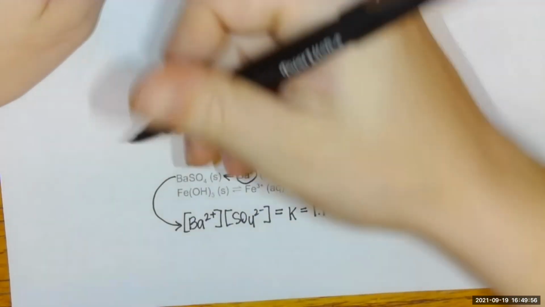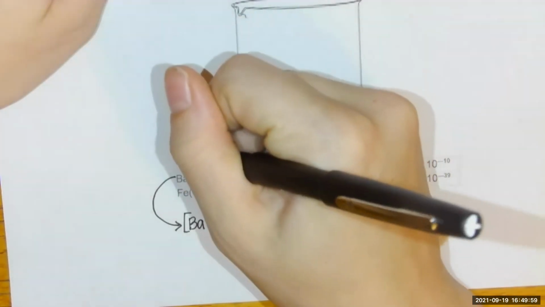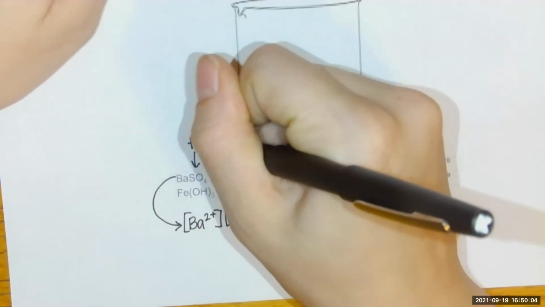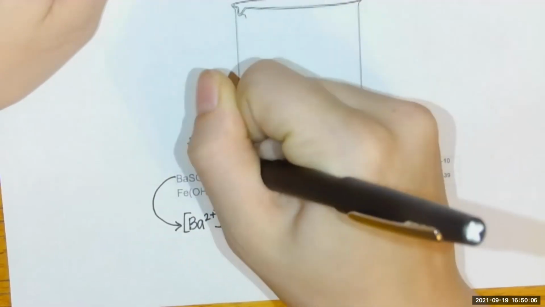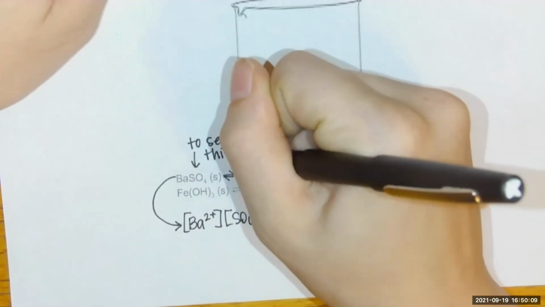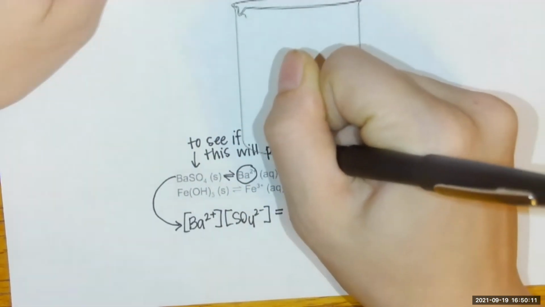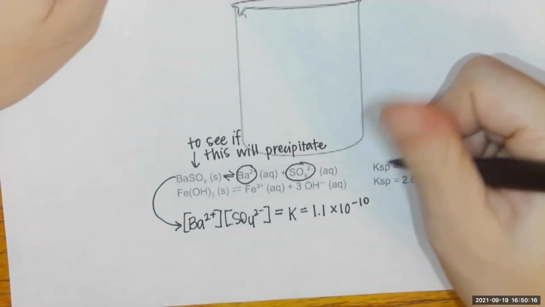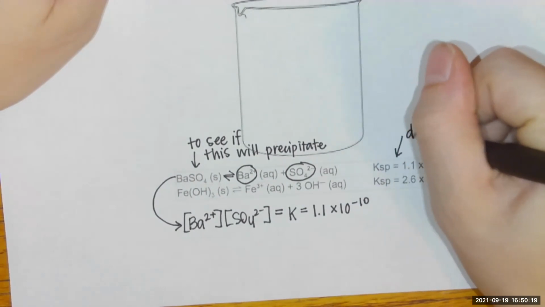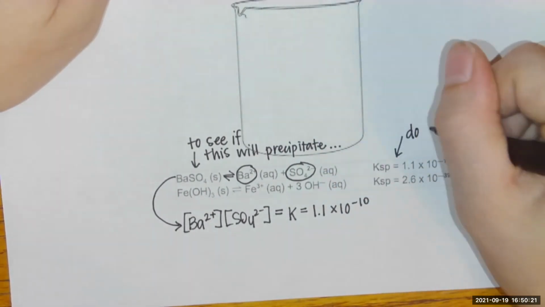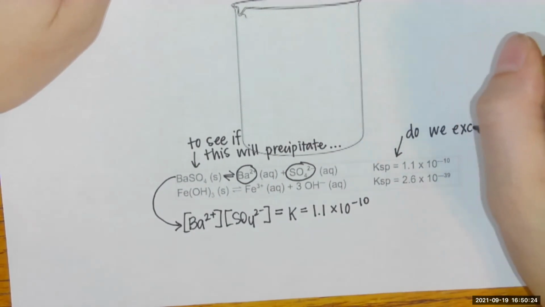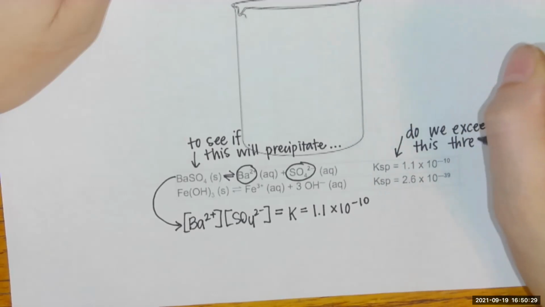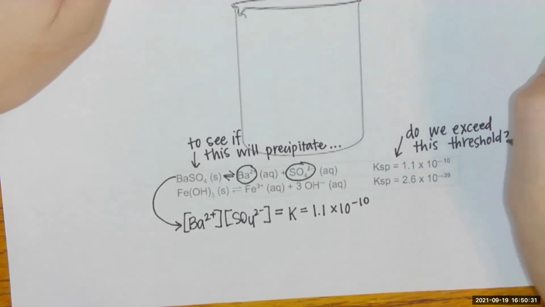So to decide to see if this will precipitate, we need to see do we exceed this threshold?